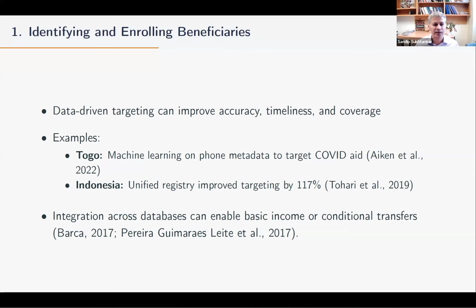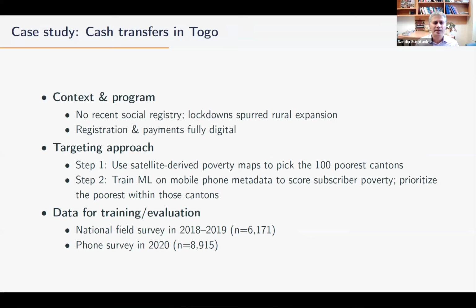But let's go through this really fabulous example from Togo. We'll look at this case study, where they used cash transfers, machine learning and phone-based data to target COVID relief to people who otherwise would not have received it, right?